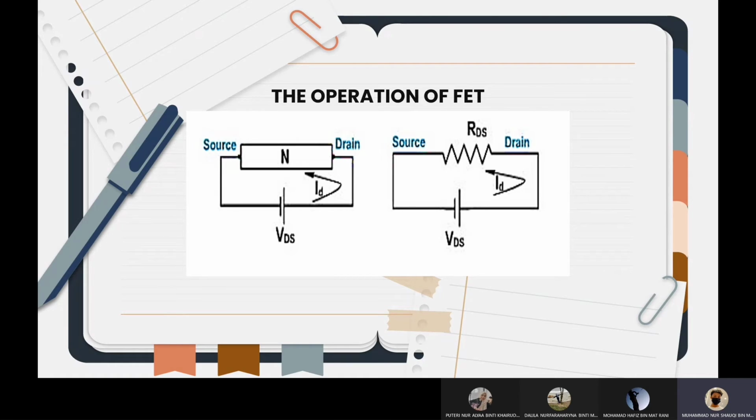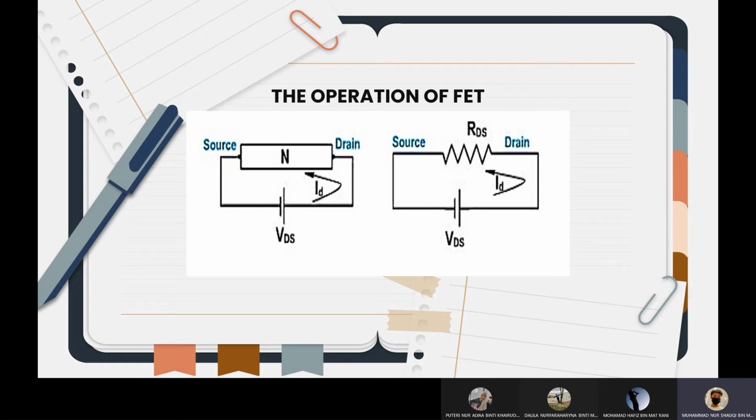The terminal from which the bulk of carriers, electrons, enter the channel is referred to as the source, and it is denoted by the letter S. The terminal by which the bulk of carriers exit the channel is known as the drain, and it is denoted by the letter D. Electrons are the predominant carriers in an N-channel device.